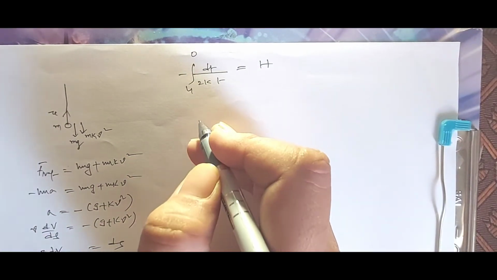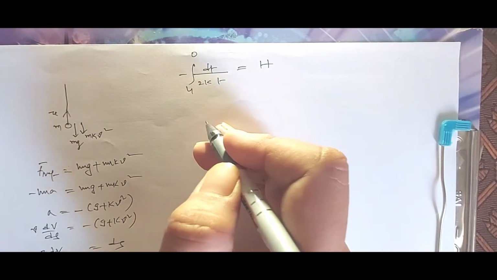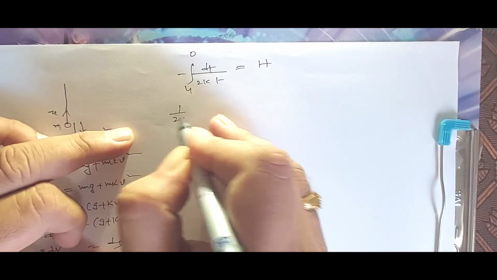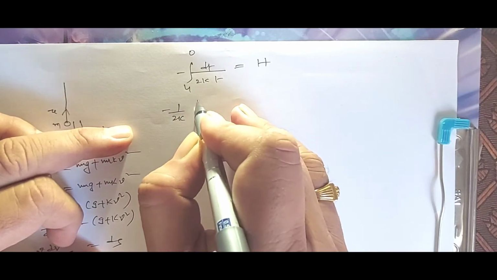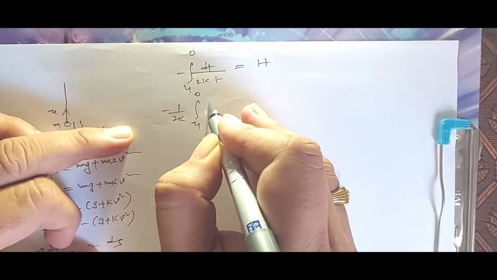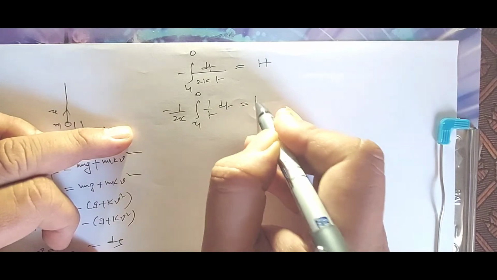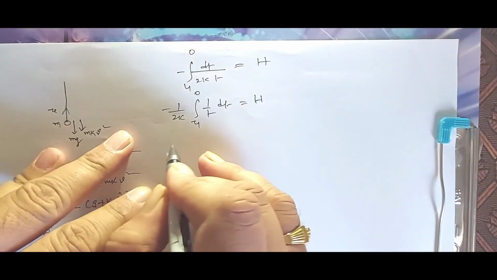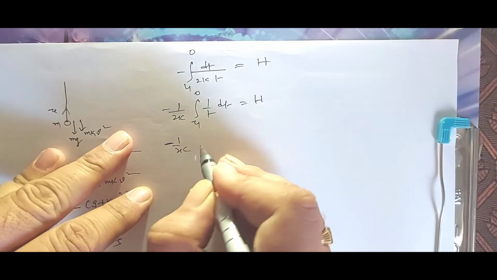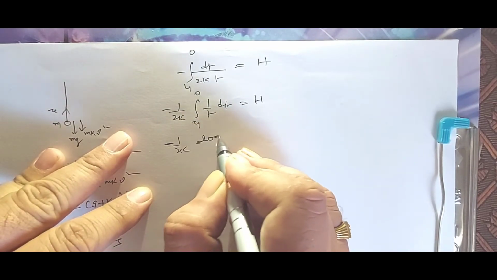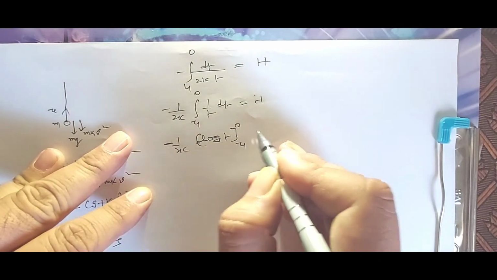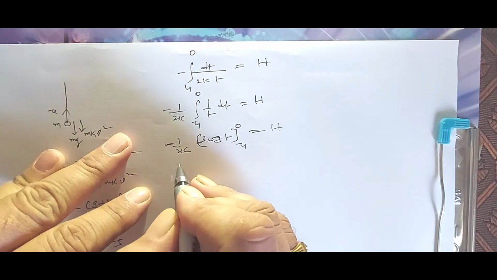Now minus 1 by 2k, integration from u to 0 of 1 by t dt, is equal to h. The integration of 1 by t is log t. So minus 1 by 2k log t, with limits u to 0, is equal to h.